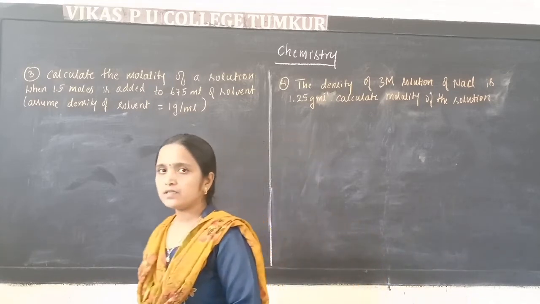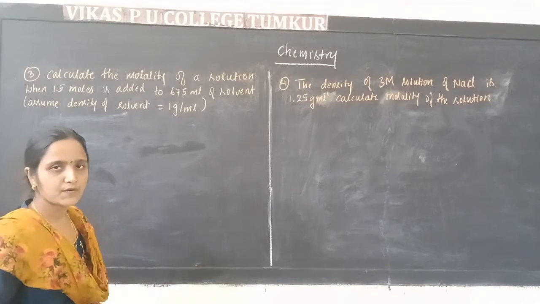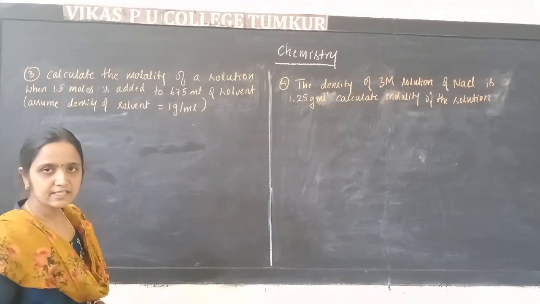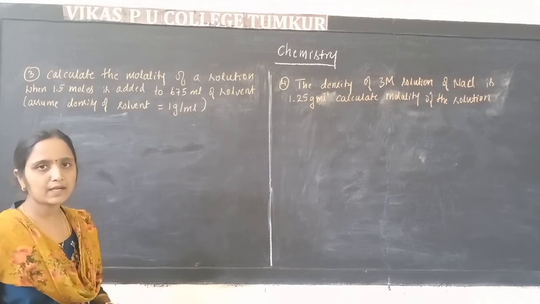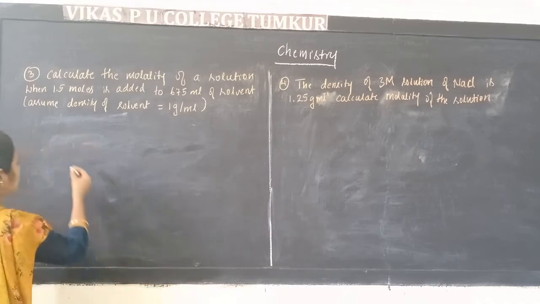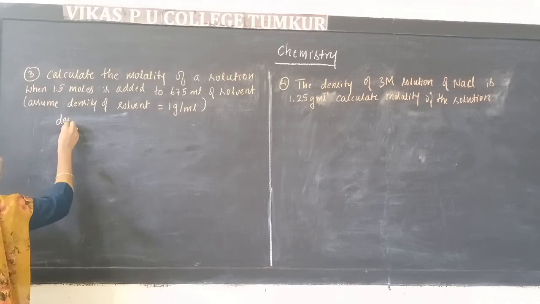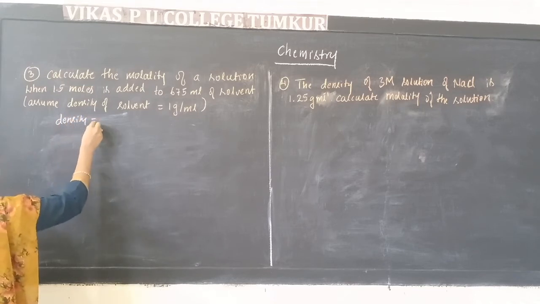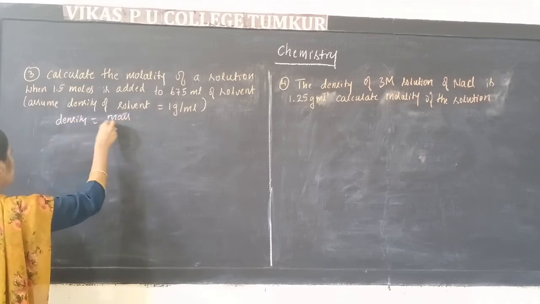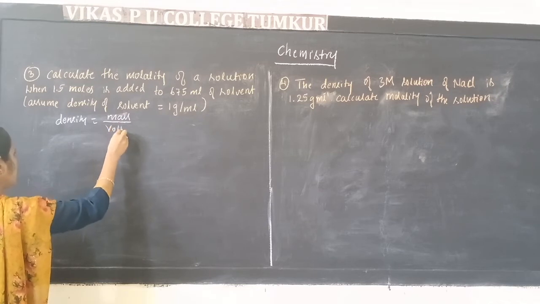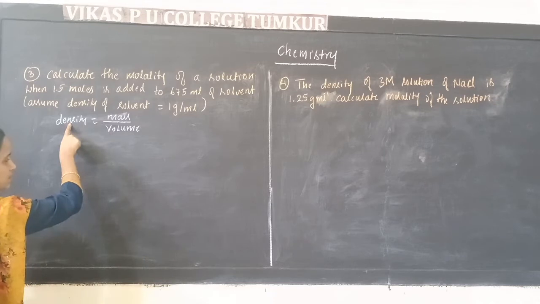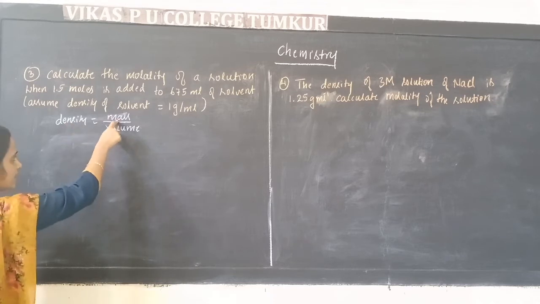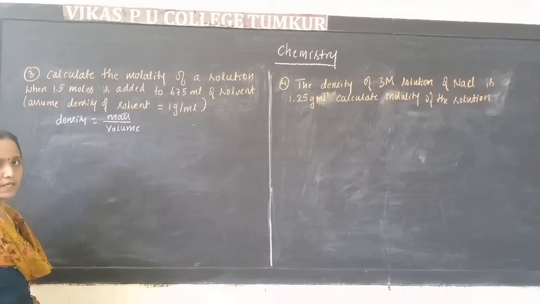Density and volume are given, so we can find the mass by using the density formula. Density is equal to mass by volume. We know this formula. In this formula, density we know, volume we know. Then we can calculate the mass of the solvent.